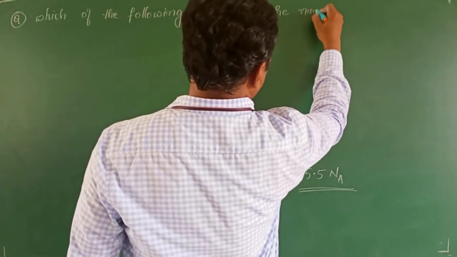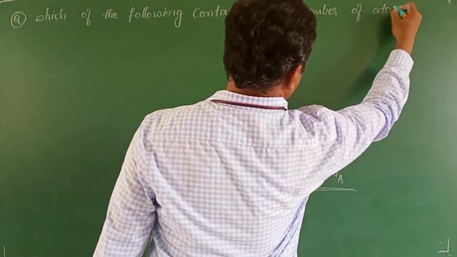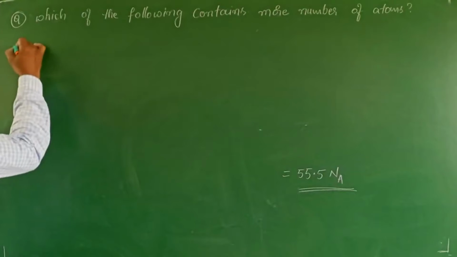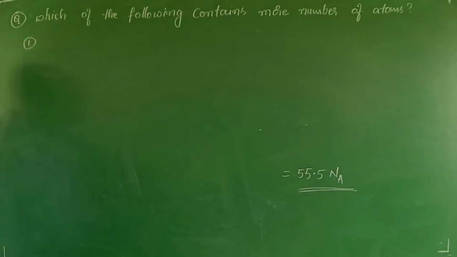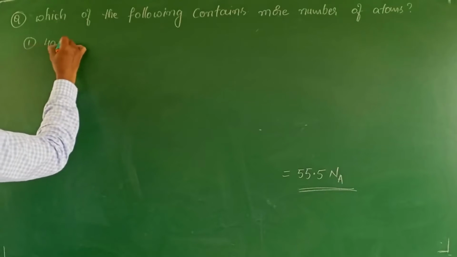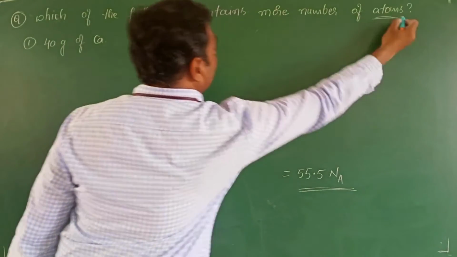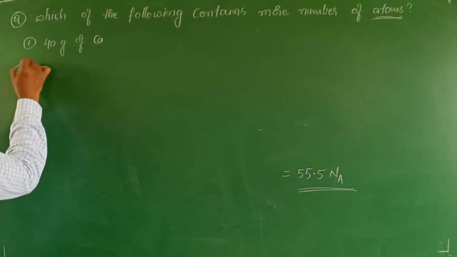Now, you take here the first one: 40 grams of calcium. Here the question is atoms. Remember that. First one is 40 grams of calcium.